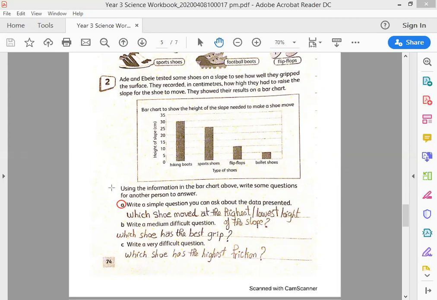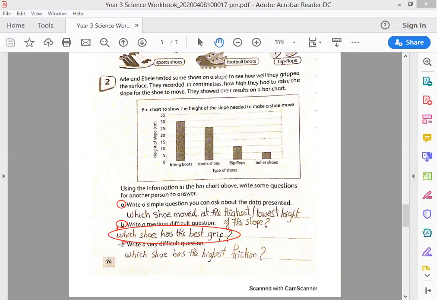But if you need to make it a more difficult question, you may use friction. And you may ask in another way, which shoe had the best grip? Which shoe is going to grip the floor and need a high slope to move?